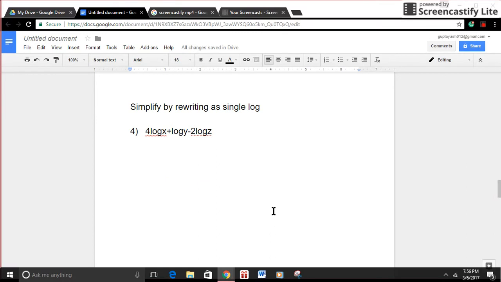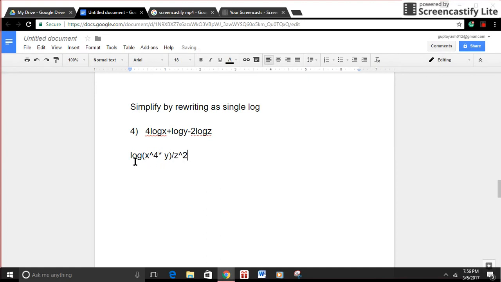Okay, simplifying, rewriting into a single log. This is basically an expanded log, and it just wants you to write it in a simple form as a singular log. So this is going to be log of x to the 4th times y, and then this whole thing is divided by z squared.